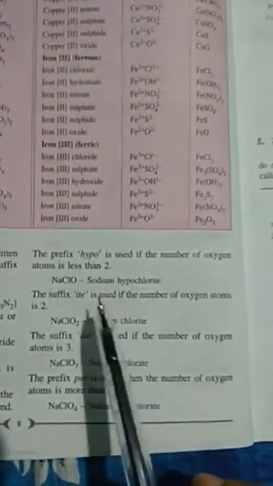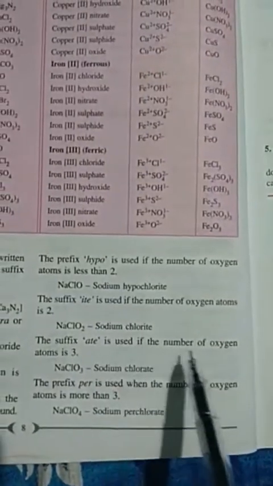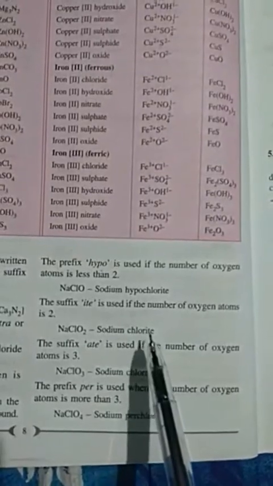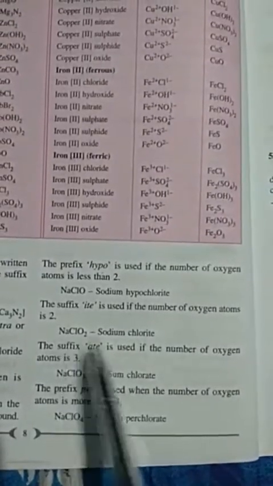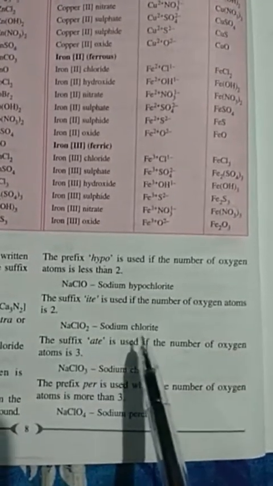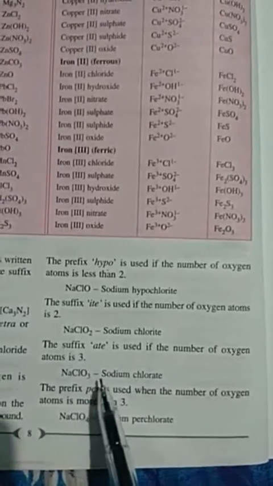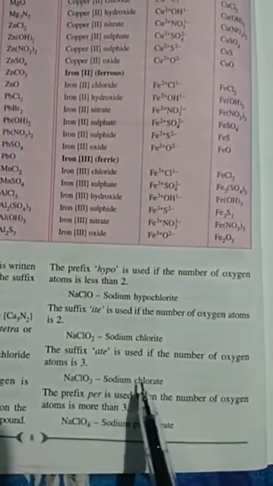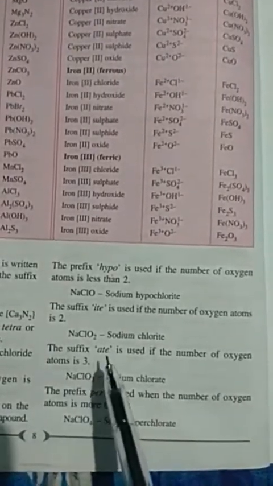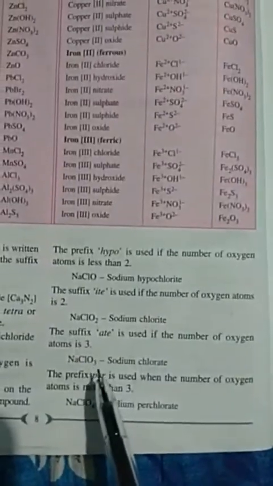If the number of oxygen atoms is 2, it will be ite, sodium chlorite. And if the number of oxygen atoms is 3, for this we will use the suffix ATE, sodium chlorate.